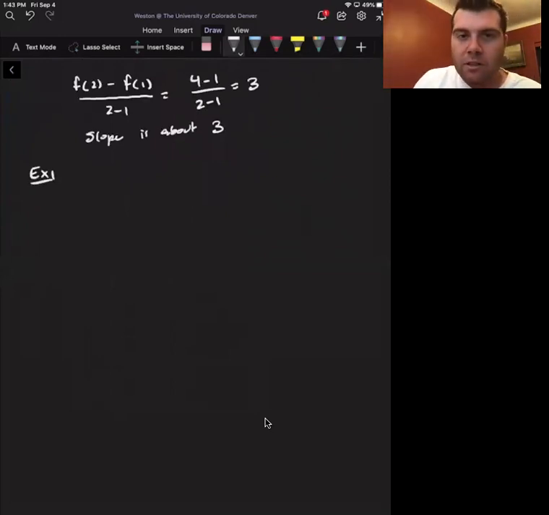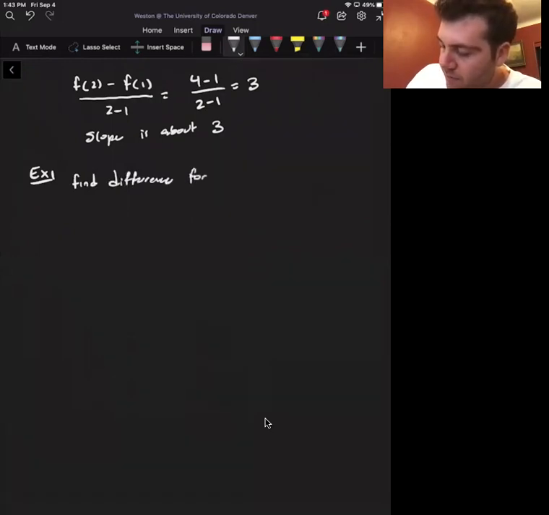And with a quadratic, we saw it was pretty easy. We can find the difference quotient for f of x equals 1 over x at x equals 3 and x equals 5.